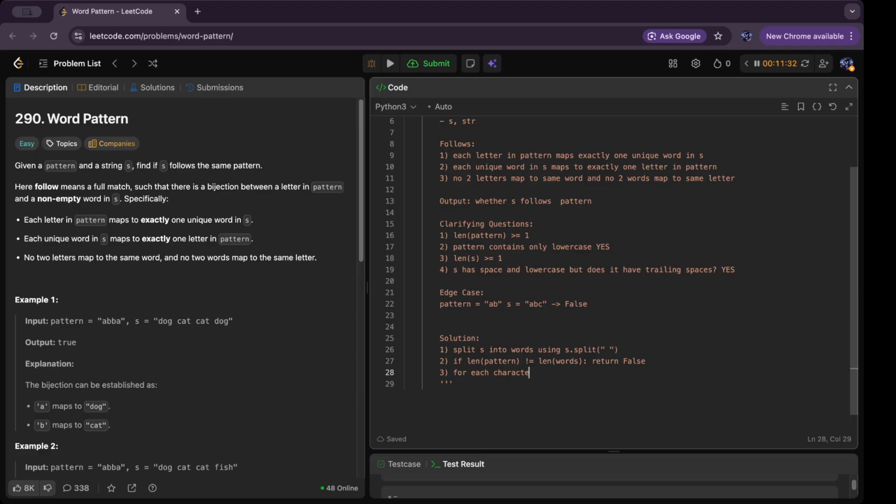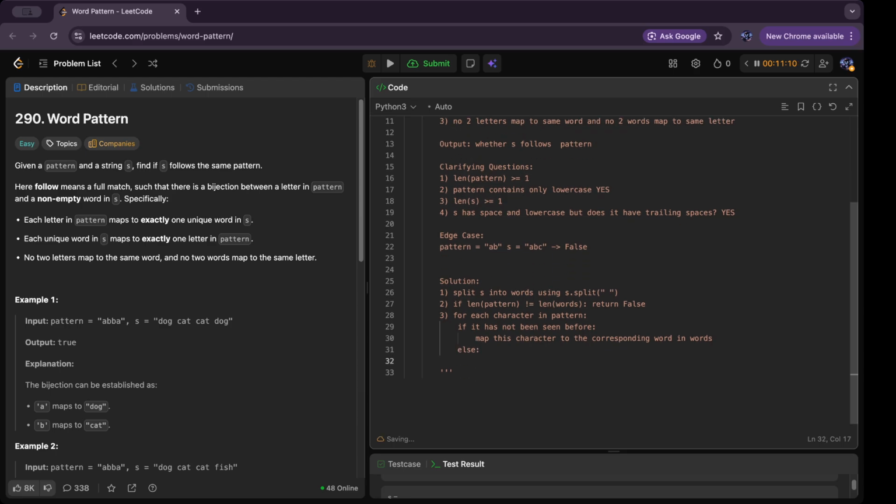For each character in pattern, if it has not been seen before, map this character to the corresponding word. Otherwise, check if the previous mapping is the same as the current. If not the same, just return false.